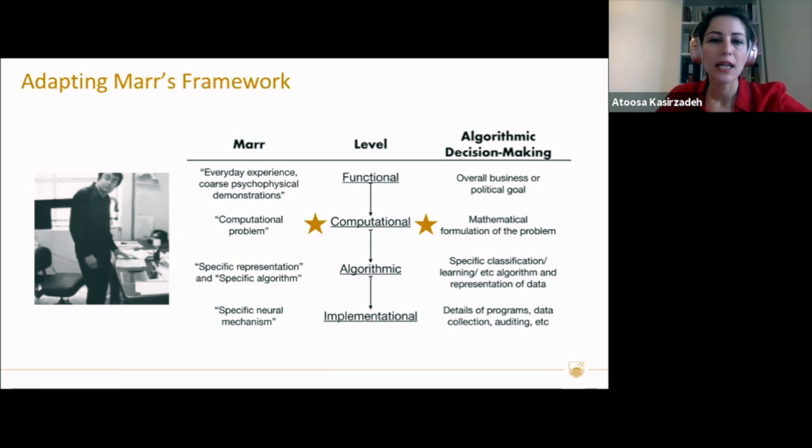Okay. So the third level of analysis is the algorithmic level. In the computational level, we said that this level has to do with a mathematical formulation of the problem. So if you have an automated system that is going to recommend or assign loans to people, if it's deployed in a bank, for example, of course, this system works through a particular mathematical conceptualization of the goal that it has to satisfy.